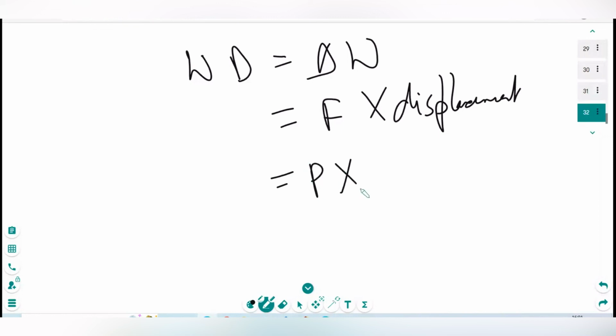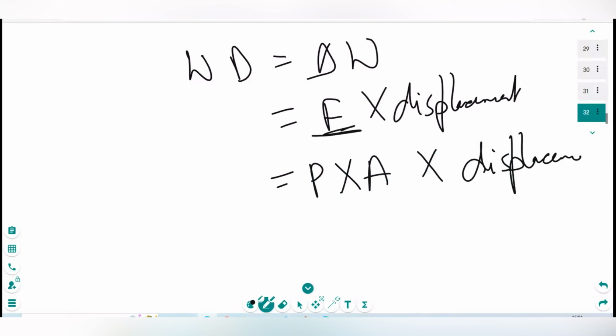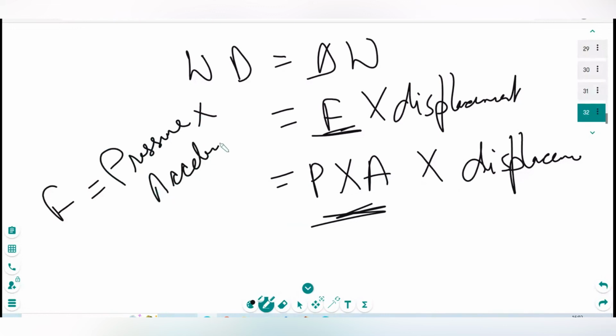What do you write for force? Force is mass into acceleration.